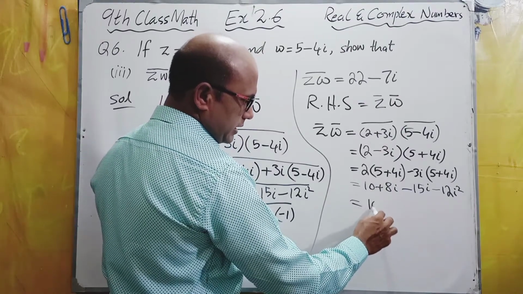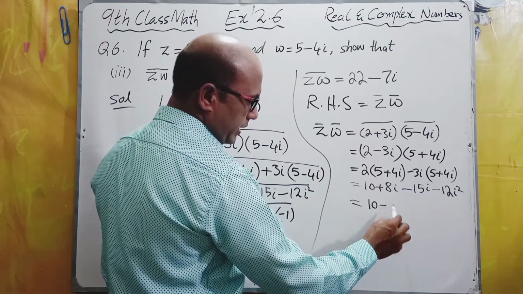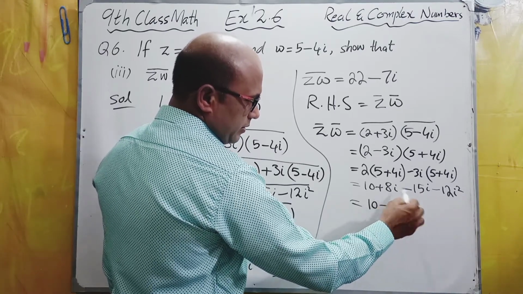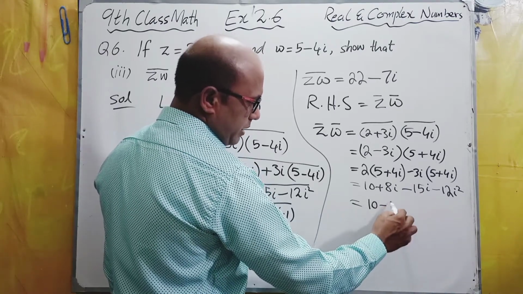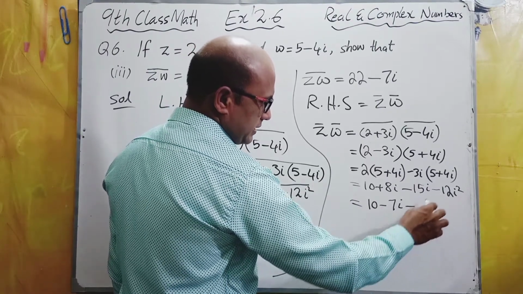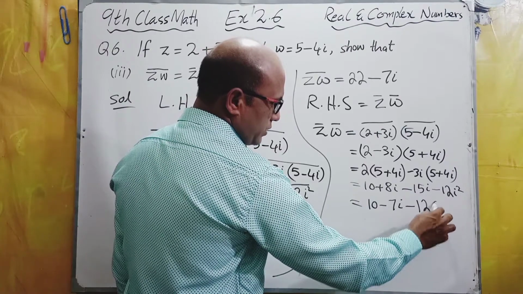So students, the situation is becoming likewise. Subtracting these two we get minus 7 iota and minus 12 iota square.